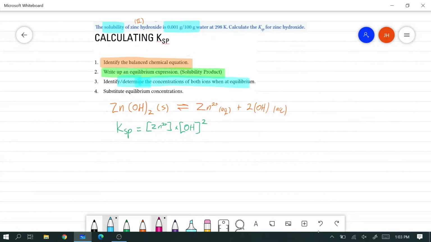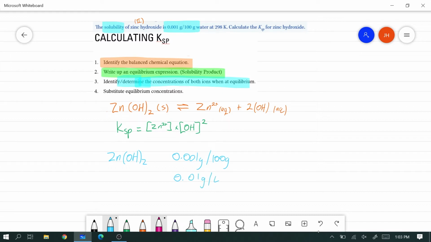So what we know is that zinc hydroxide will dissolve to the point where there is 0.001 grams in 100 grams of water. In other words, that's 0.01 grams per litre of water.